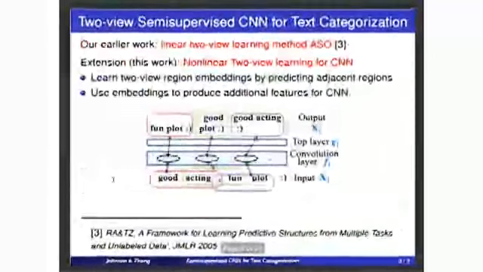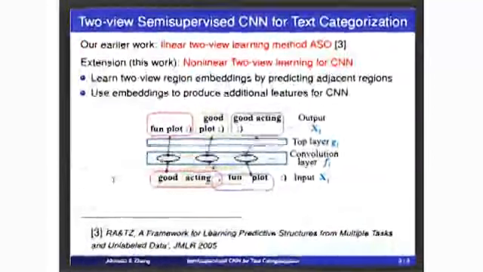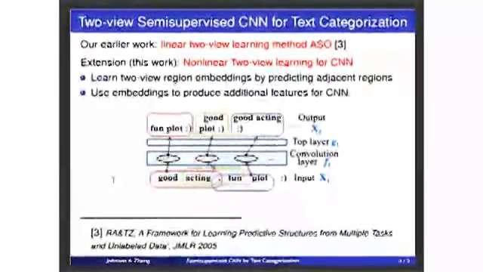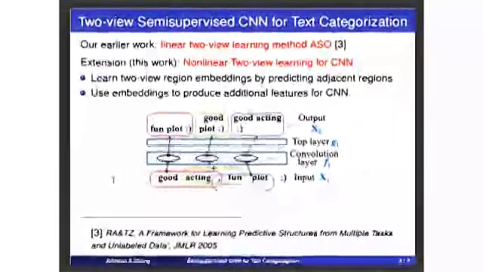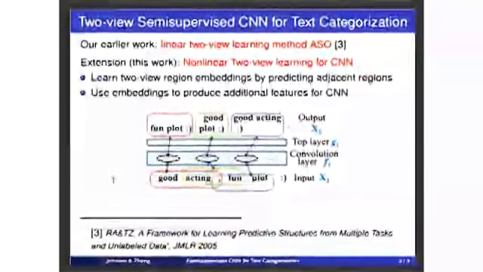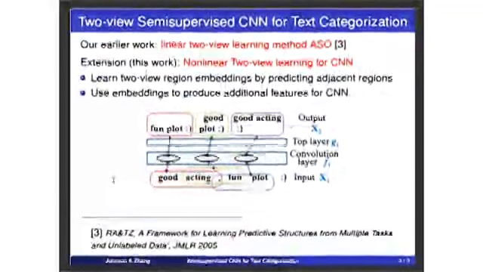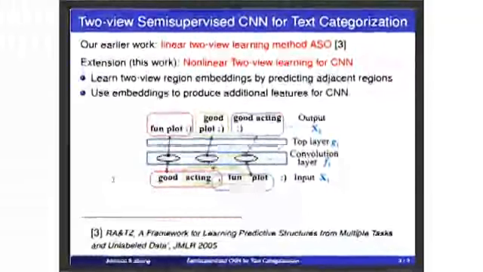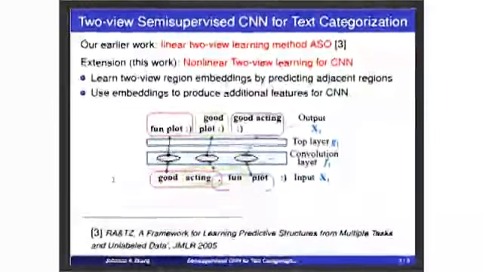Now, if we move to the semi-supervised, because when we compare supervised methods on tasks like sentiment classification, we know that a lot of people doing, for example, LSTM plus some supervised learning can do better. So what we look at is that we try to apply our methods to semi-supervised learning with two-view learning, which was done quite a while ago with linear methods.